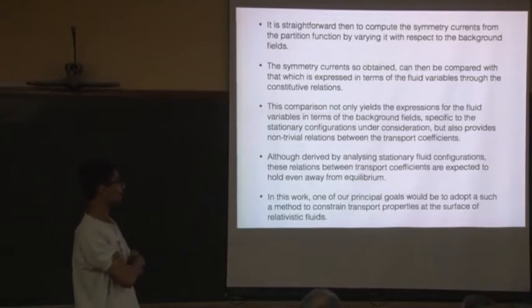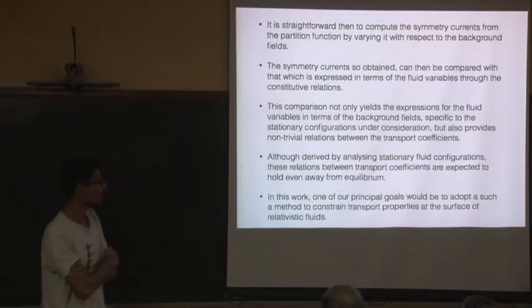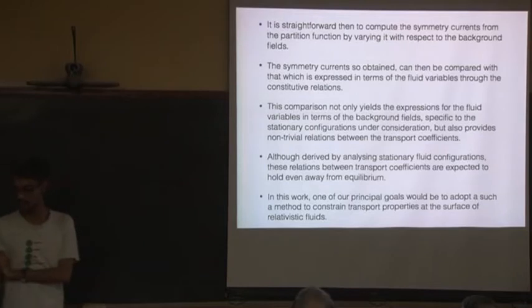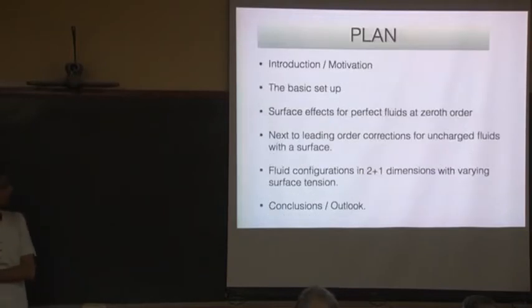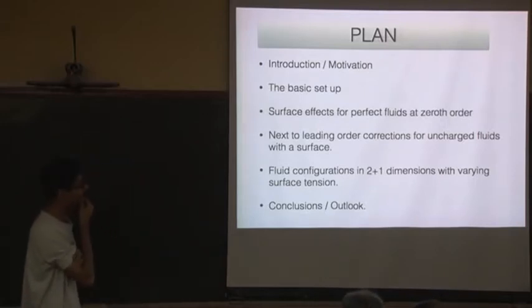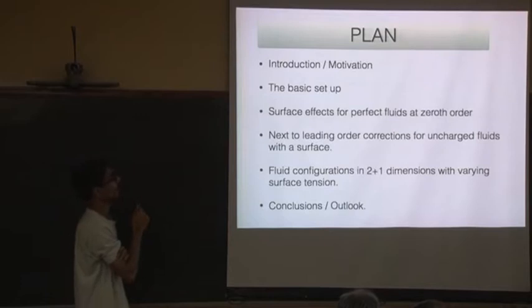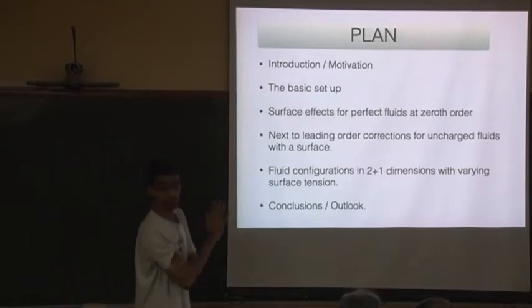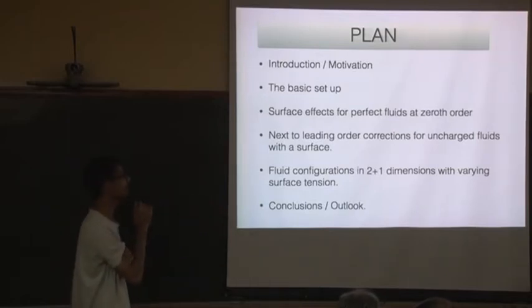So in this course, one of our principal goals will be to adopt such a method to constrain transport properties at the surface of relativistic fluids. So the plan is the introduction, which I have already done. I will describe the basic setup, and then I will consider perfect fluids at zeroth order in derivatives and see what the surface effects are.